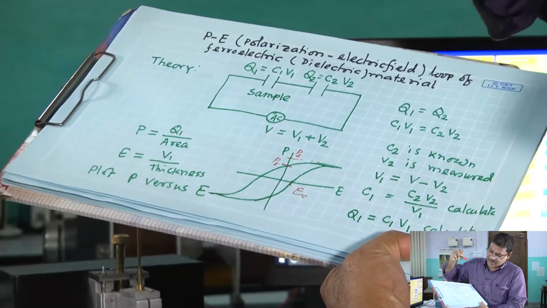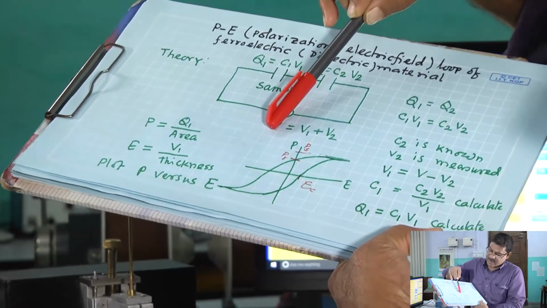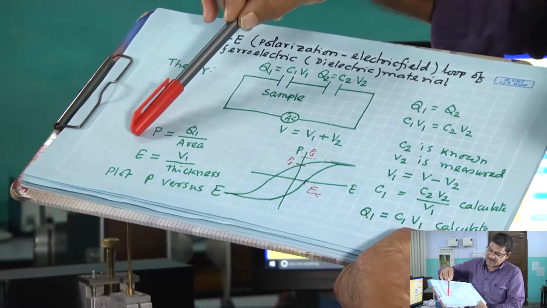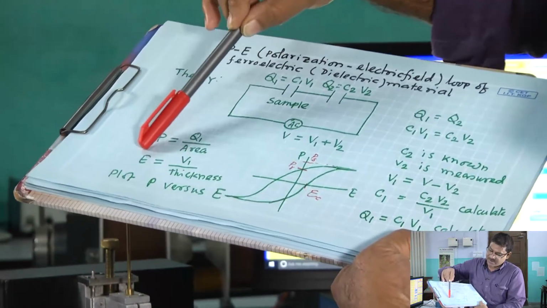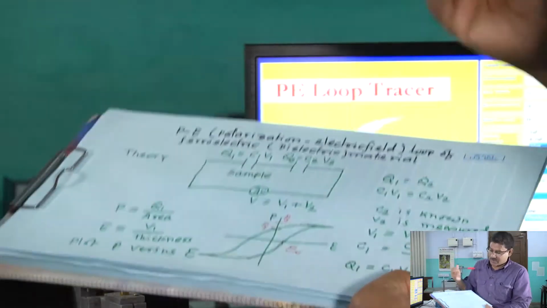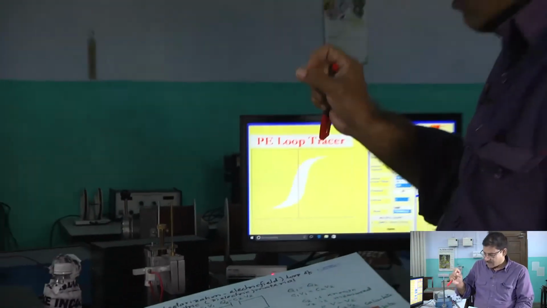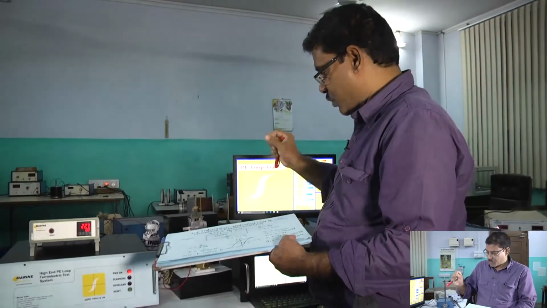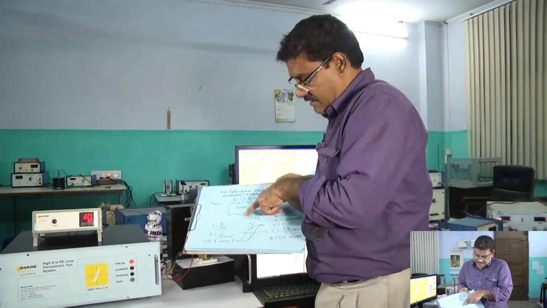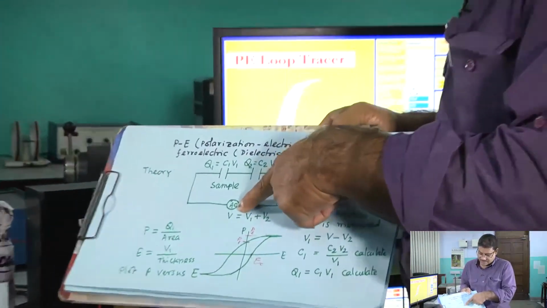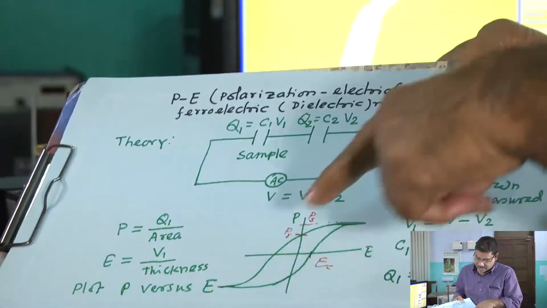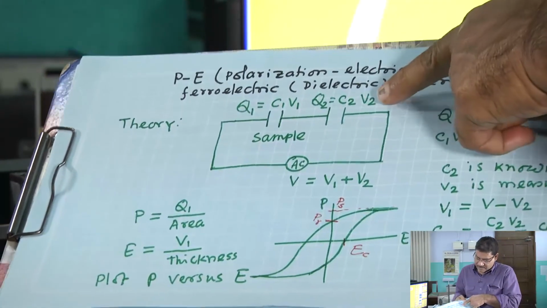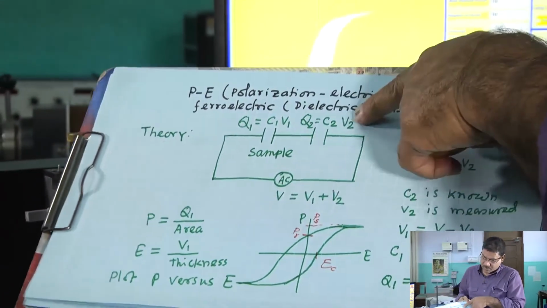So, basically we are varying V and thus we will get P at different electric fields. That can be done manually. Manually I will vary the input AC signal, and then I have to note down the value of V2.